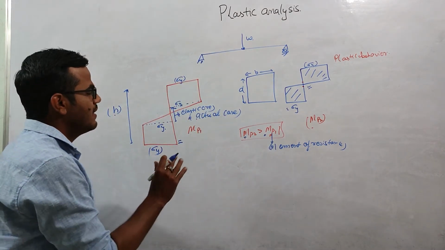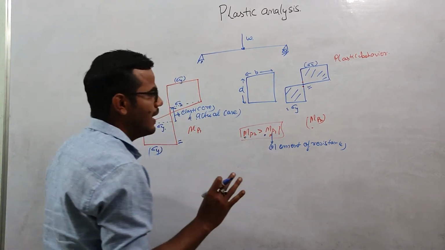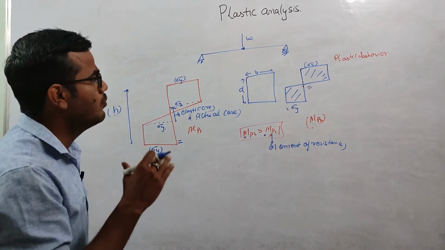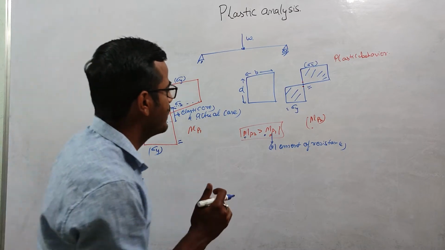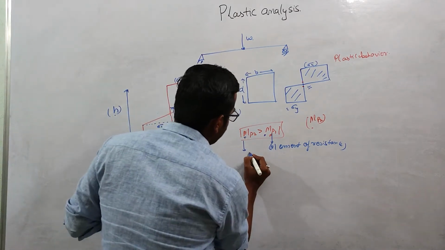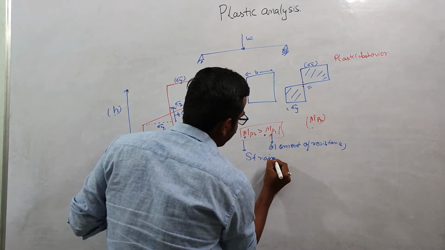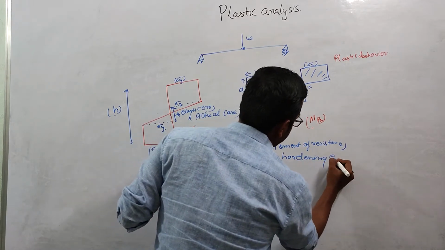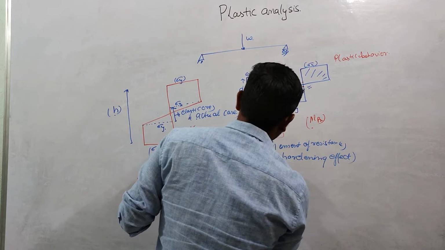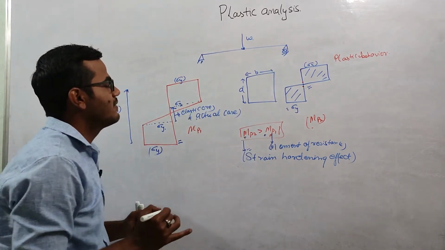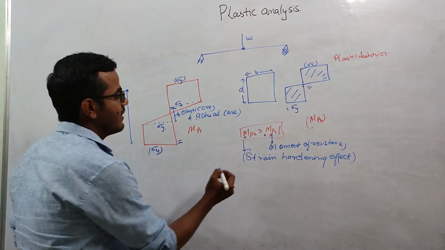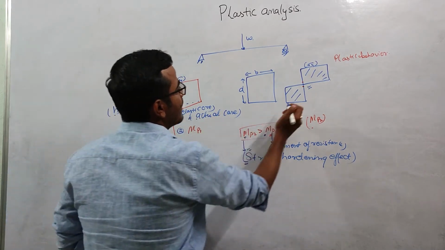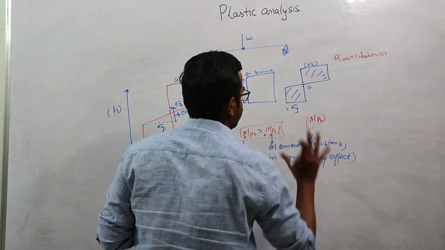But this will be balanced by the fact that we are neglecting the strain hardening. This will be balanced by strain hardening because we neglected the strain hardening effect. In the actual case, the strain hardening effect will be there, and this effect will be there too. The combination of these two gives us this stress diagram.